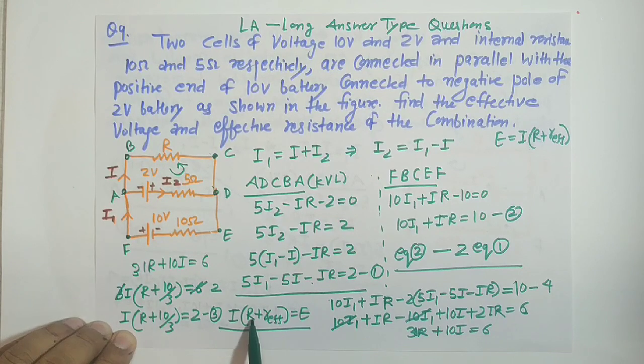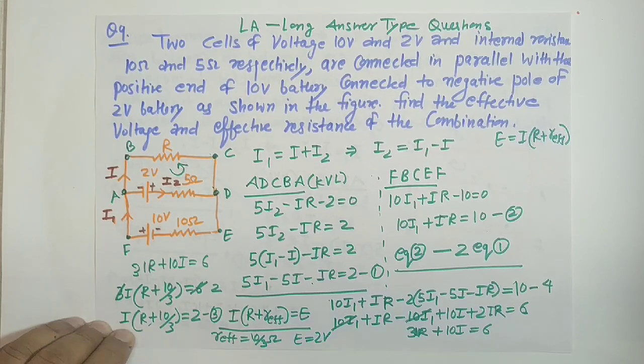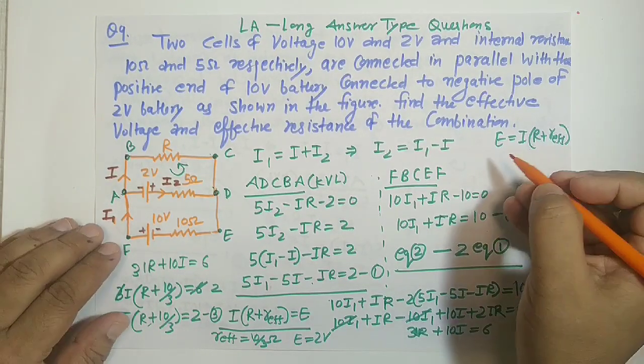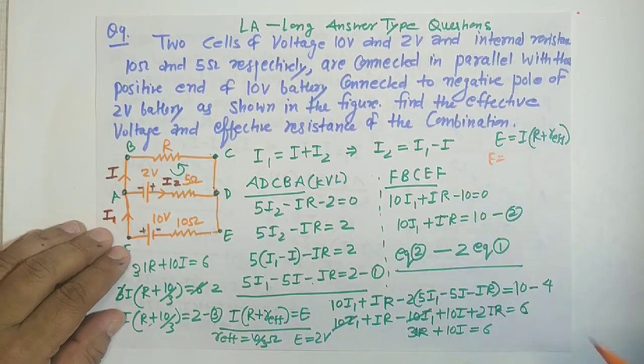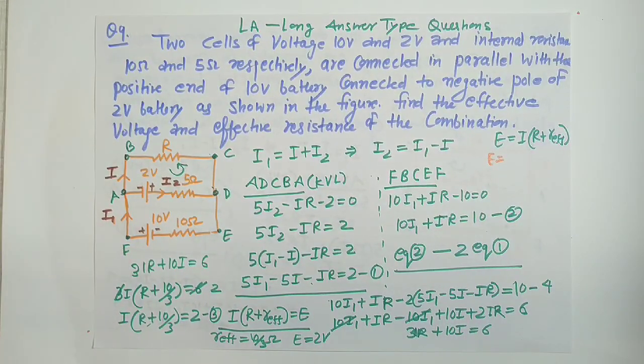When you compare it, what is R effective? Tell me. It is 10 by 3 ohm. And what is E? It is 2 volt. Are you getting this answer or not? So finally I am going to write that E you get is 2 volt.